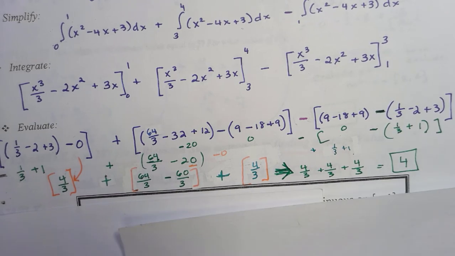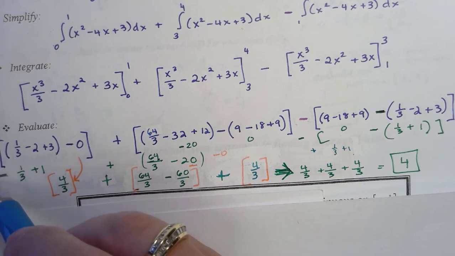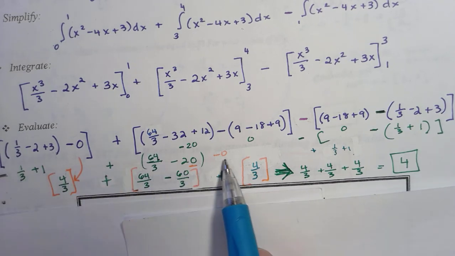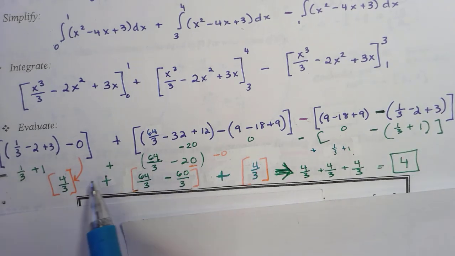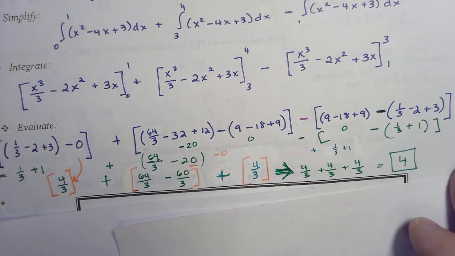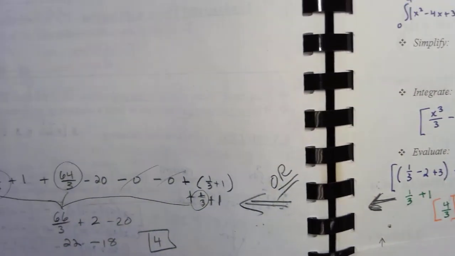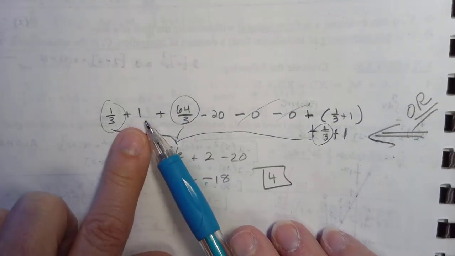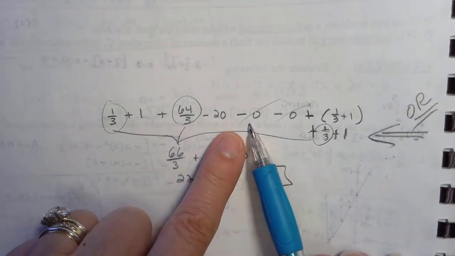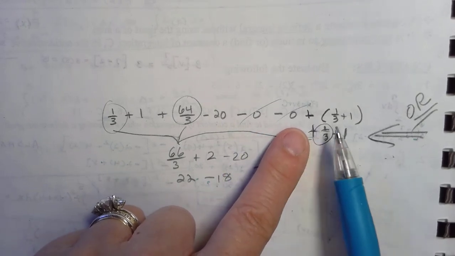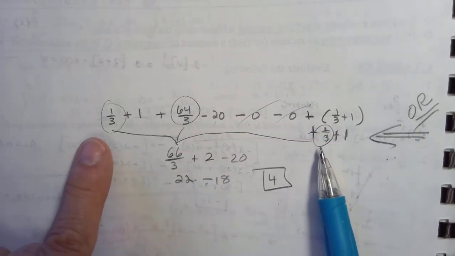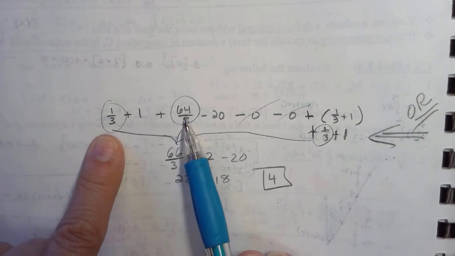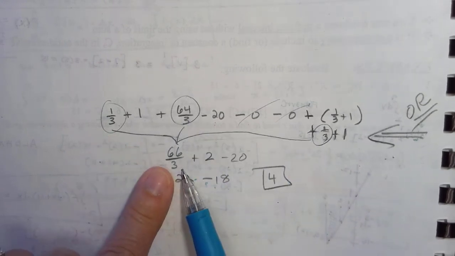Yay. But let's go from this point right here, this line, and let's group together the fraction terms and the integer terms. So I have 1/3 plus 1 plus 64/3 minus 20 minus 0 plus 1/3 plus 1. All right, that's a 1/3 and a 64/3, and a 1/3 is 66/3.